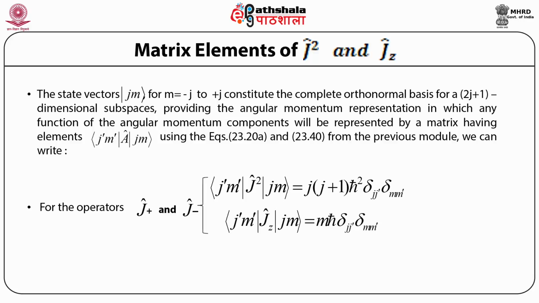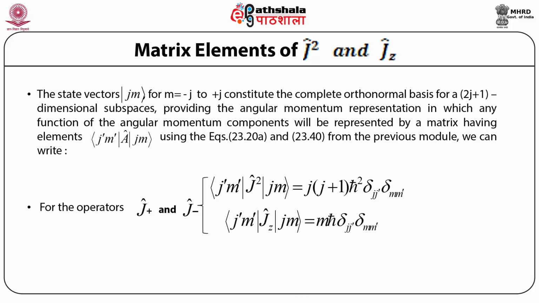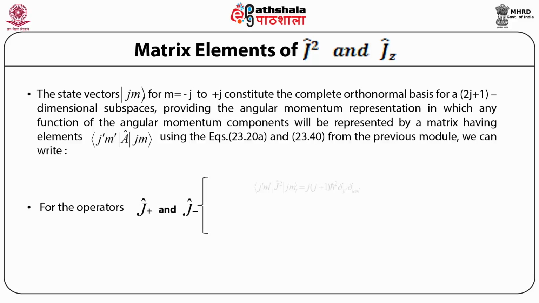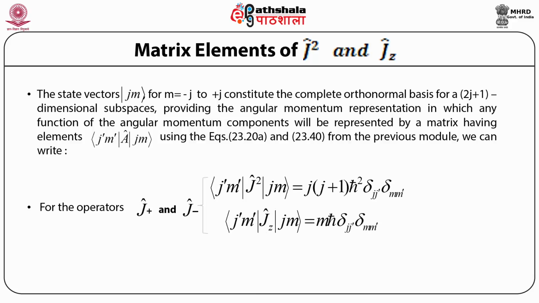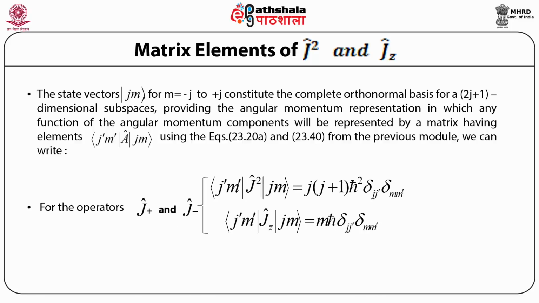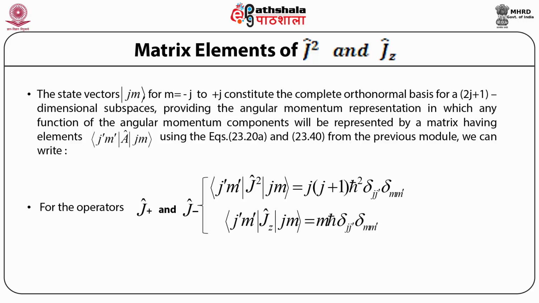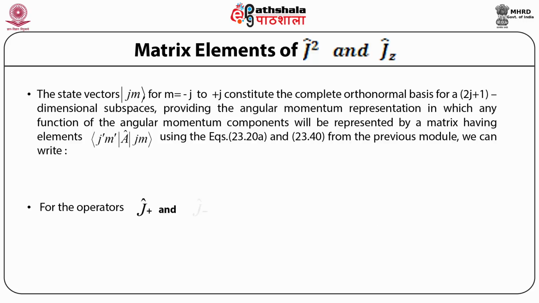Similarly, if we try to find out the matrix elements for the operator Jz, we can have a similar representation: bra vector J prime M prime, operator Jz, ket vector Jm, and this gives us the final result m h cross delta J J prime delta M M prime, where m is the magnetic angular momentum number.